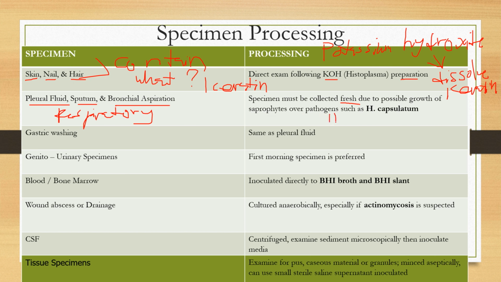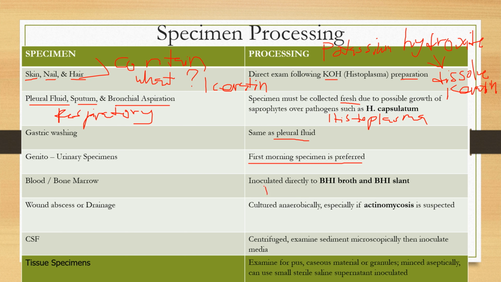H. capsulatum, class, H would stand for Histoplasma. Then for gastric washing, same procedure lang din, class. So it needs to be collected fresh. For genito-urinary specimens, for the urine, first morning specimen is preferred. For blood and bone marrow, directly inoculated in your BHI broth or BHI slant.